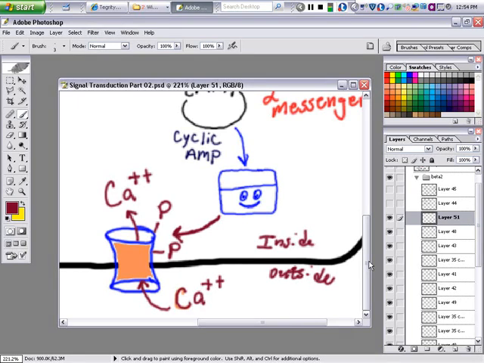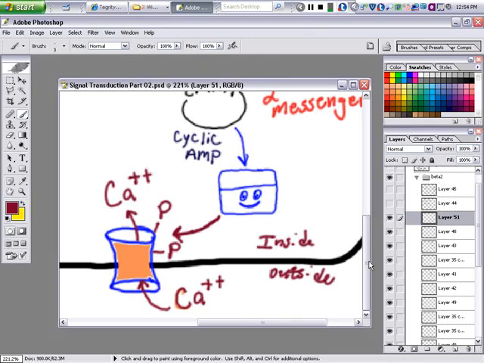What's the name of a protein that takes away a phosphate? So a protein that takes away a phosphate is a phosphatase. Make sense? You take away a phosphate, you're a phosphatase.